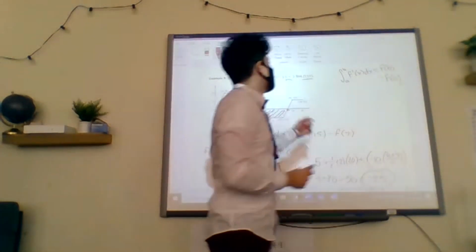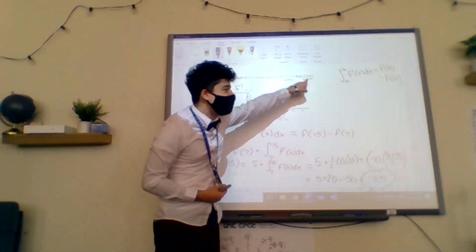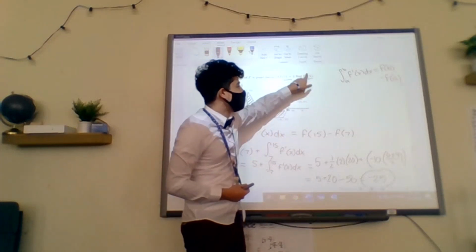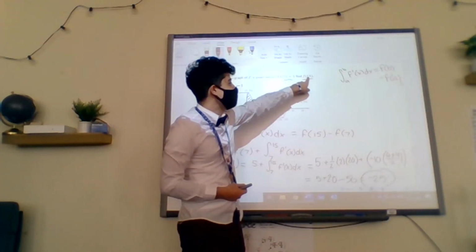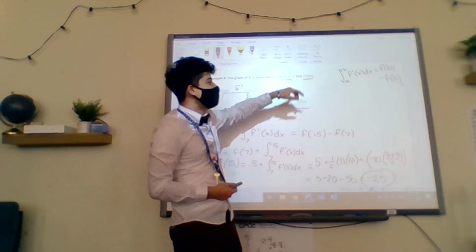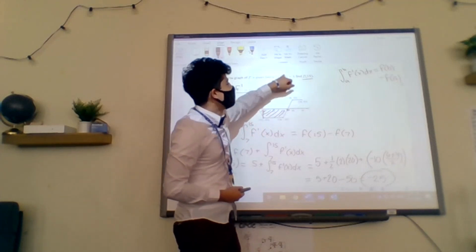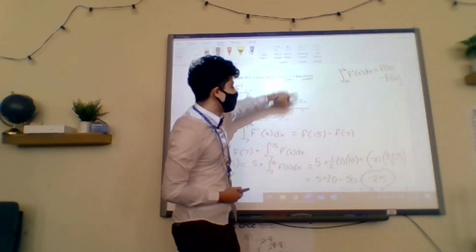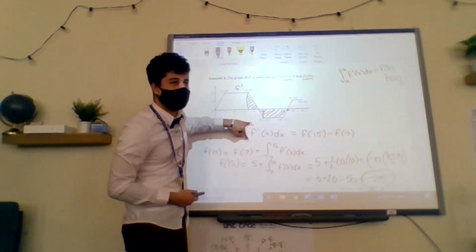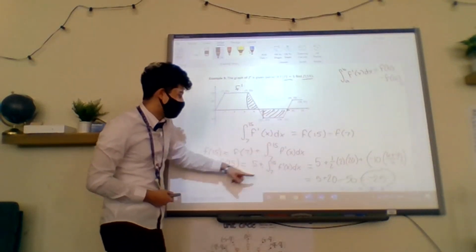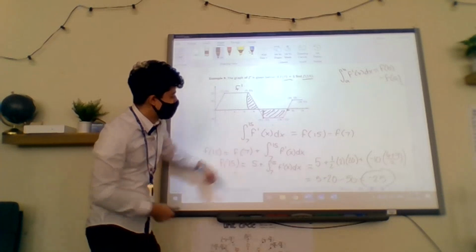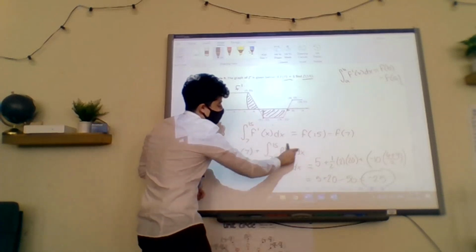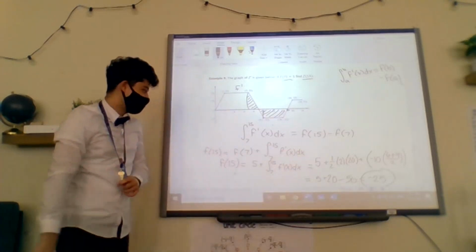Okay, so if I'm trying to find out what f of 15 is, in other words, where my function is at x equals 15, then what I could do is find out where I started, where I was at 7, and then add up the total change between 7 and 15. So that's what this is. Where was I at 7 plus how much did I change in total from 7 to 15?